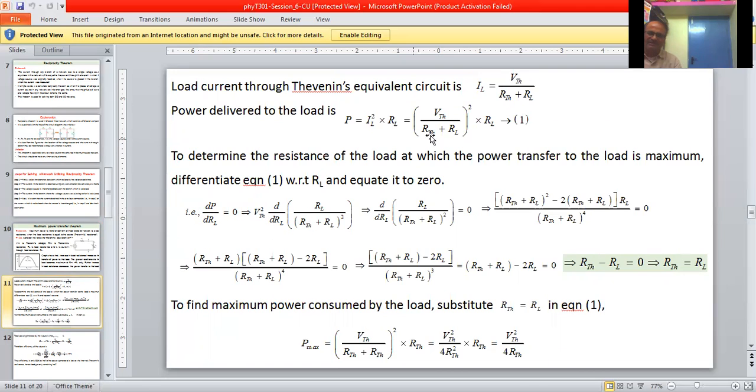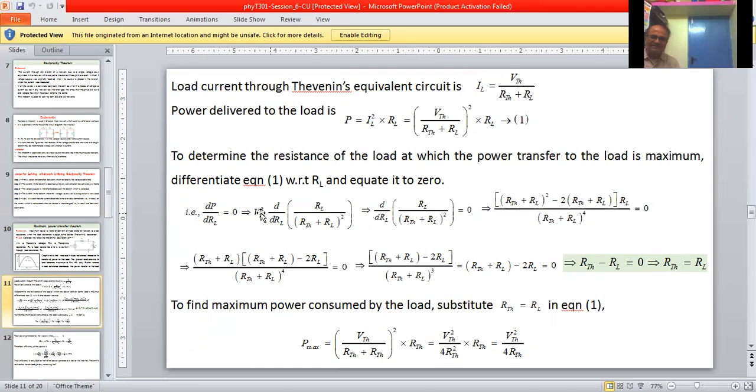Then differentiate equation 1 with respect to RL. So you are putting this value. Here VTH is taken outside because it is a constant value, and only R is changing in this way.